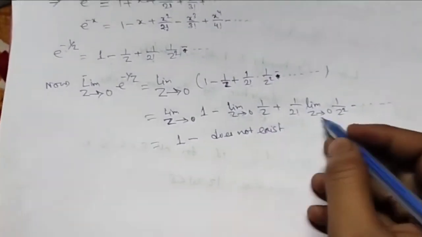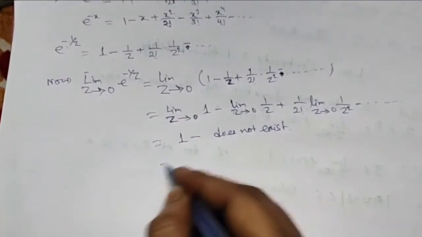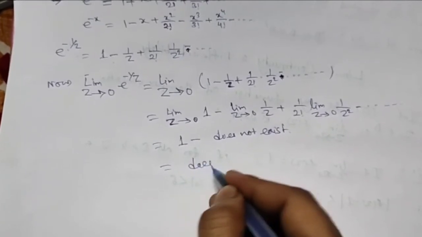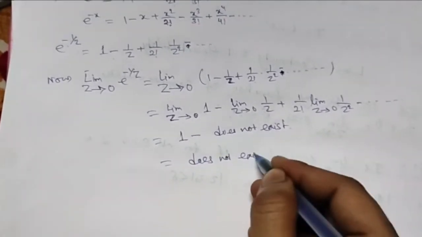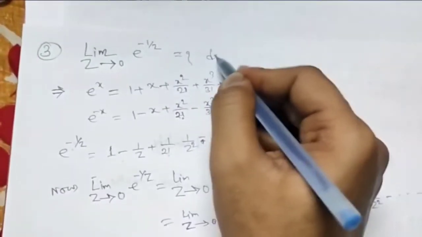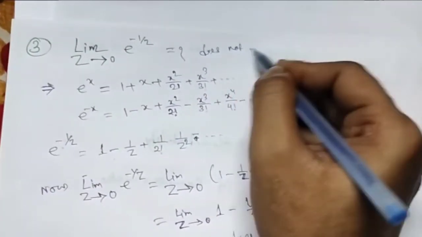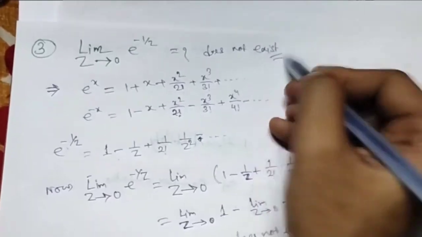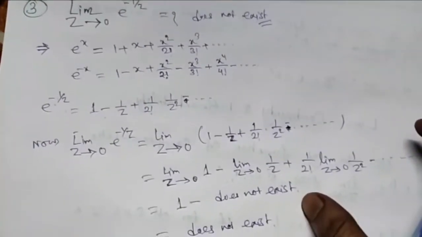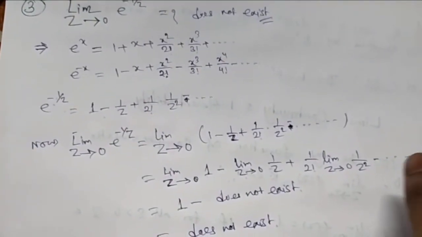So this also will not exist, hence the limit of this does not exist. So that was the third question of limits.